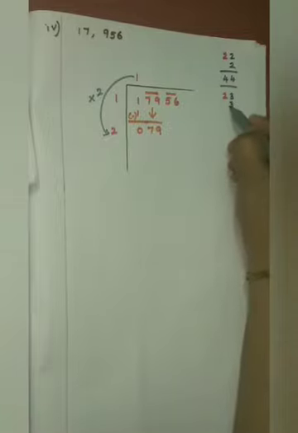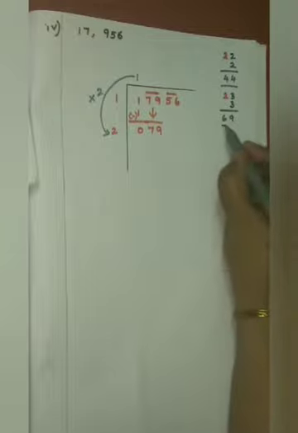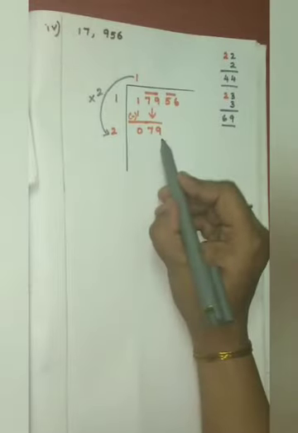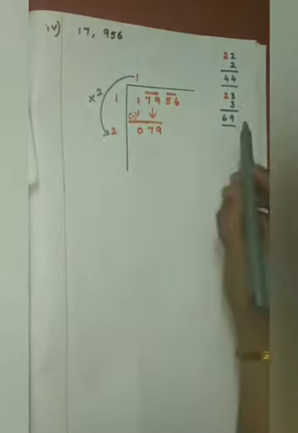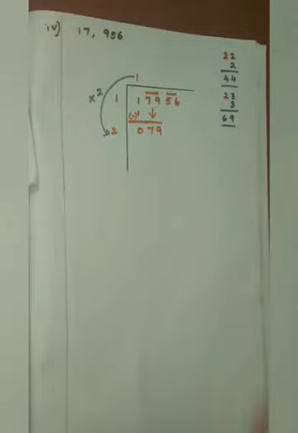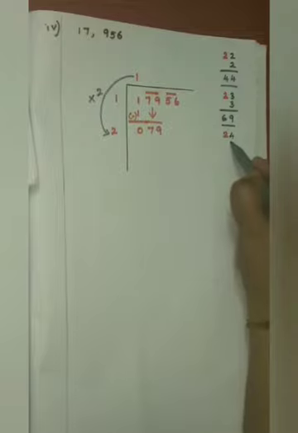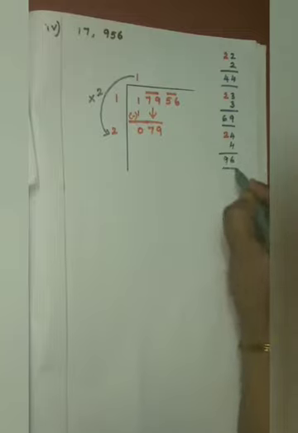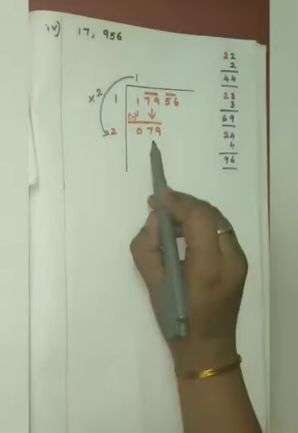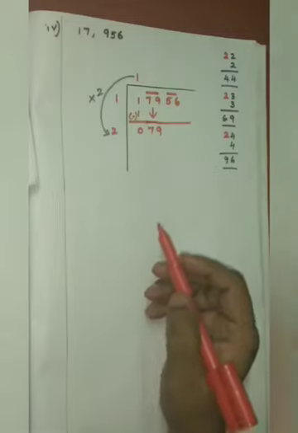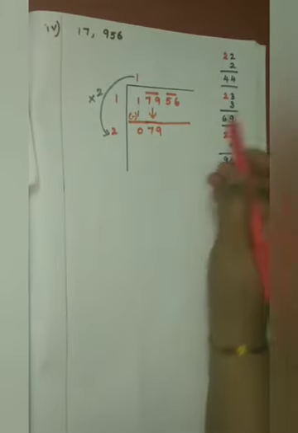23, when it is multiplied by 3, we get 69. This is also lesser than 79. So let us try for the next number 4. 24, when it is multiplied by 4, we get 96, but 96 is greater than 79. The required digit is 3.